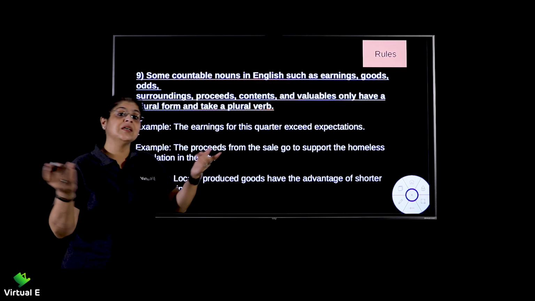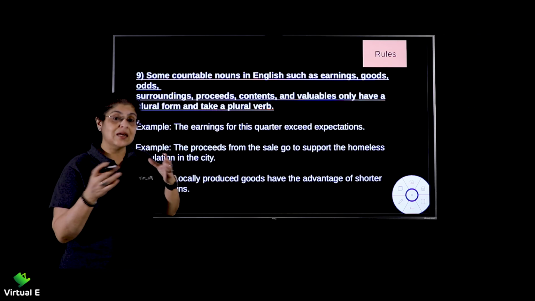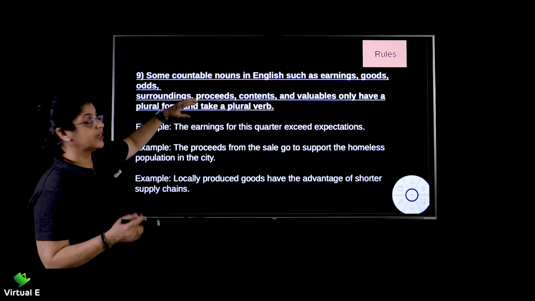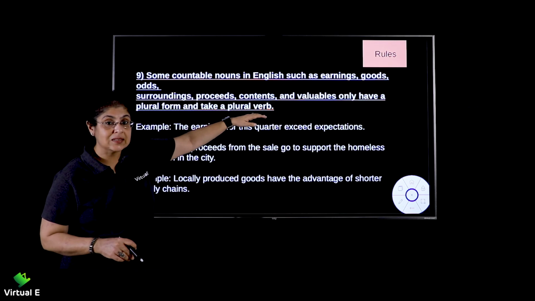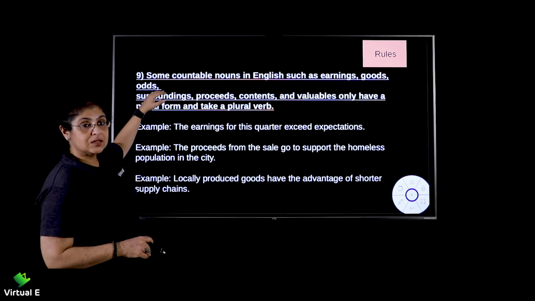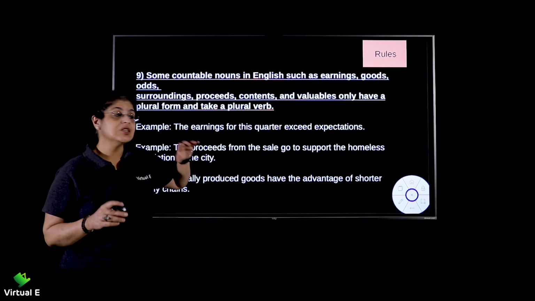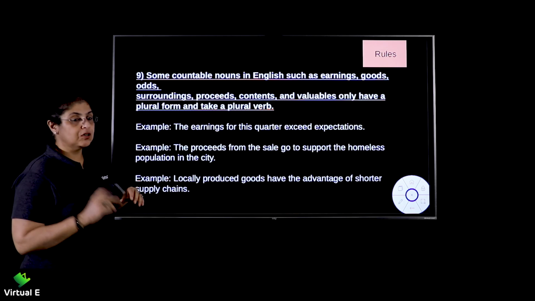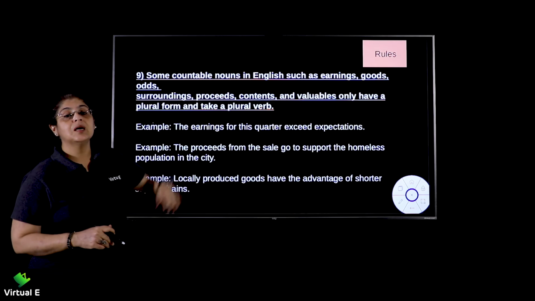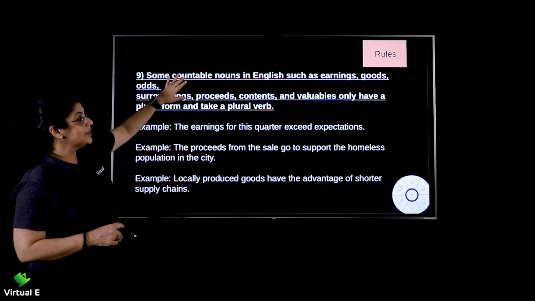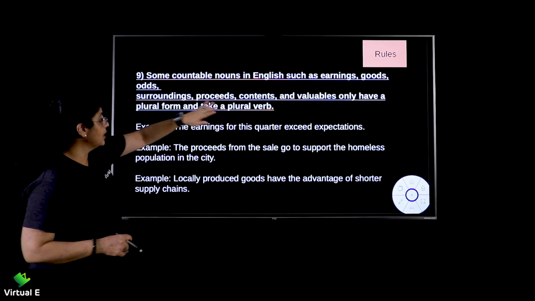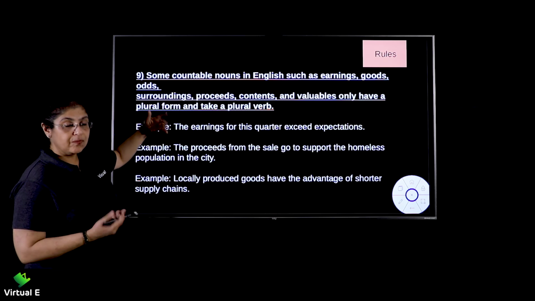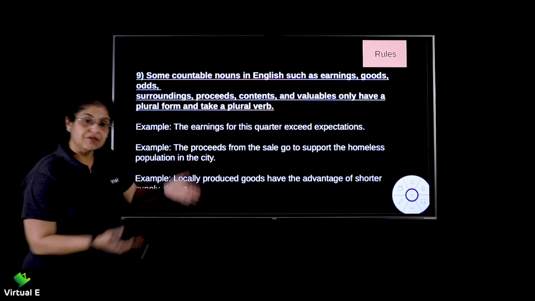You know, we say the surroundings were very beautiful, the surroundings were very nice. The earnings, the goods, the odds, right? When you have such words which are always in the plural form, they take a plural verb, and these don't have a singular, they only have a plural form. So obviously if they are plural, their verb is also plural.